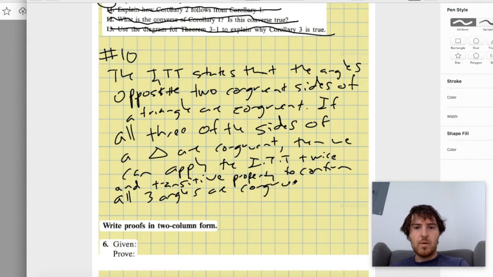So here's one where, if you're justifying how this follows, a diagram could be very helpful for you. Here's my answer. Feel free to reread it. Email me if you have any questions. But this is how I would do it, right? Through ITT.